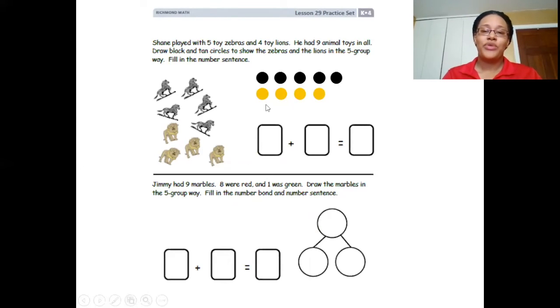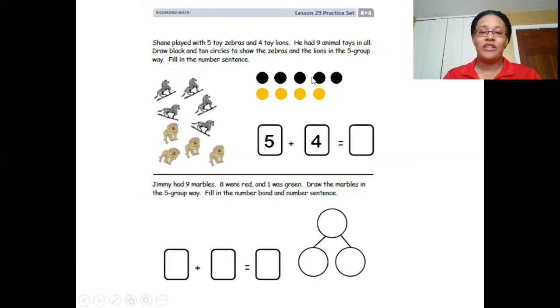So I'm going to use what I have here, my picture, to help me figure out my blank plus blank equals blank. Let's see. We have how many toy zebras? 5. And how many toy lions? 4.